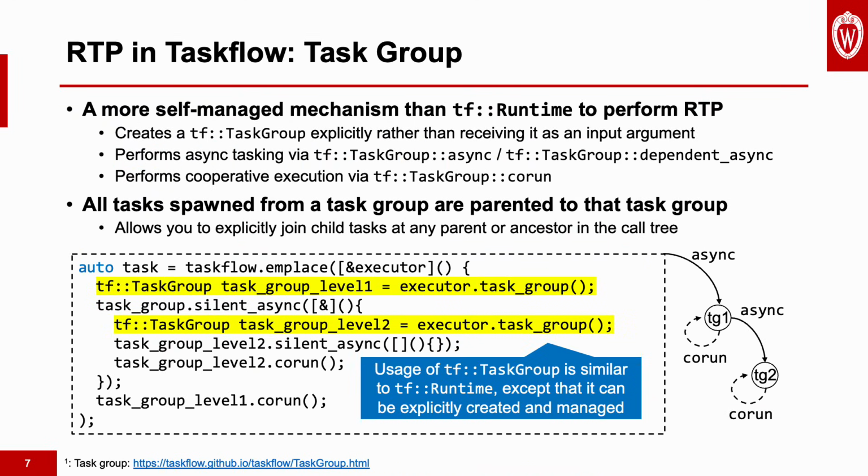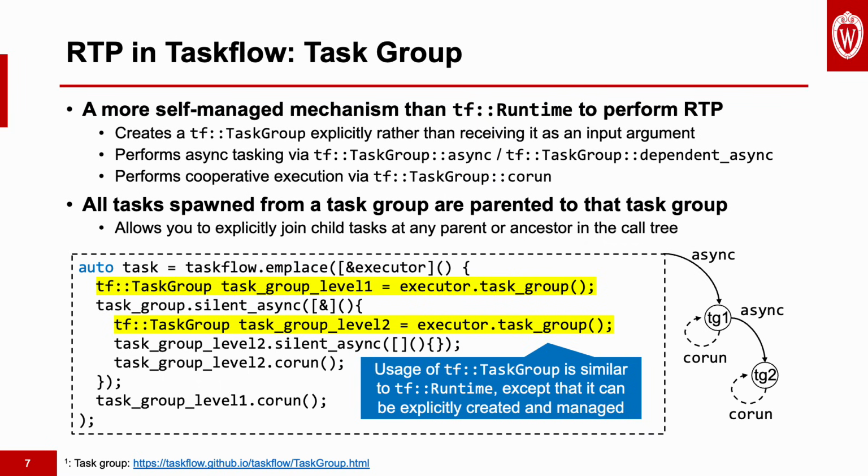Another recursive task parallelism mechanism supported by Taskflow is task group, which is a more self-managed mechanism than tf::Runtime to perform RTP. By self-managed, we mean you can explicitly create a tf::TaskGroup inside a task rather than receiving it as an input argument. Similar to tf::Runtime, you can perform asynchronous tasking and cooperative execution from a task group.